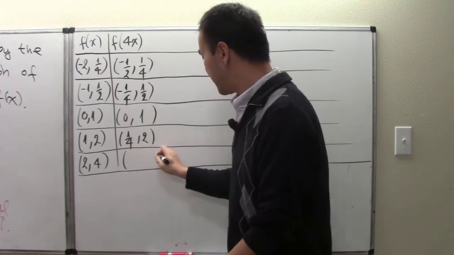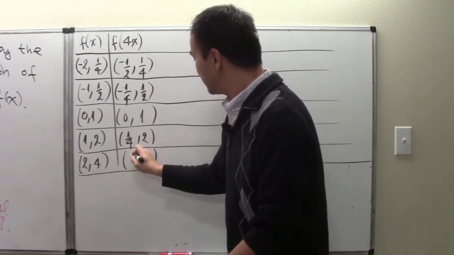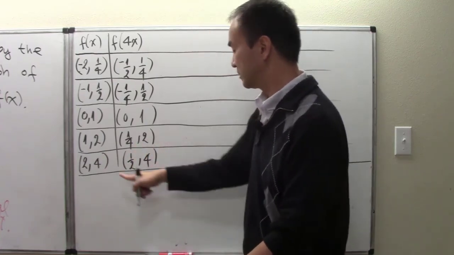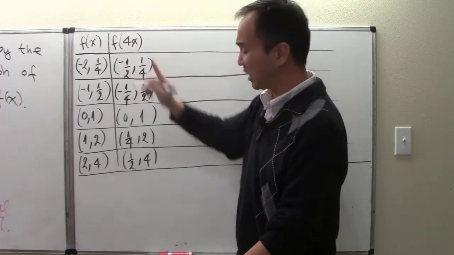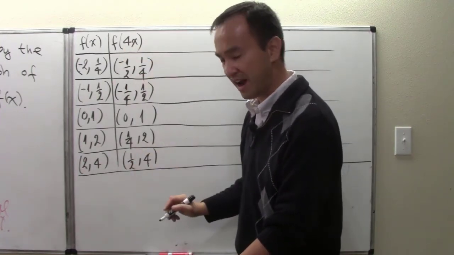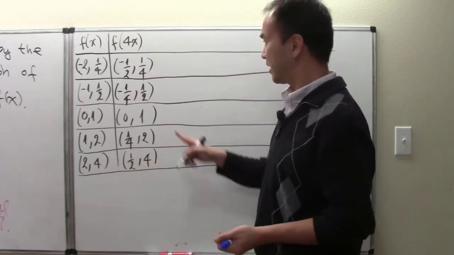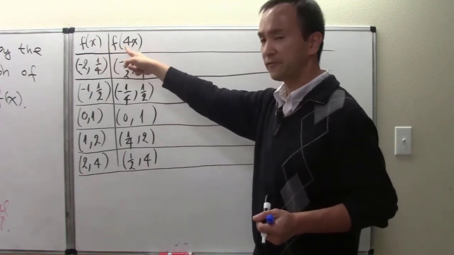And in my next step, 2, comma 4 is transformed into 1/2, comma 4, because 2 multiplied with 1/4 is reduced down to 1/2. Nothing happened to the y value. So at this point we're done transforming from f of x to f of 4x.